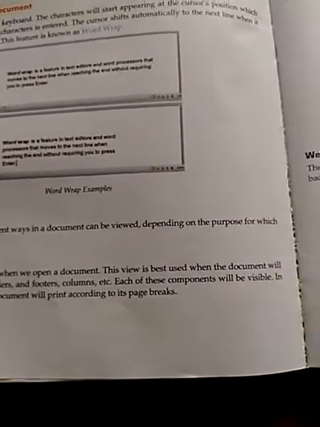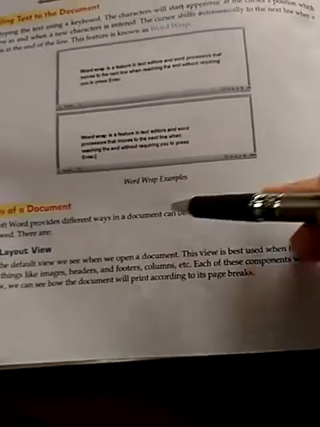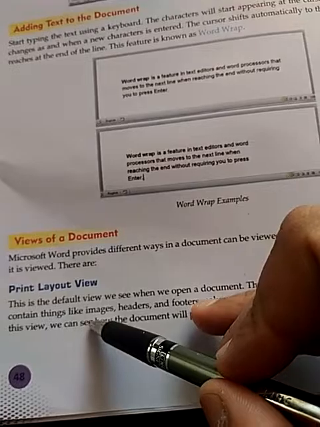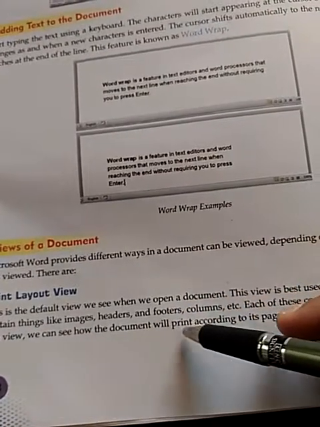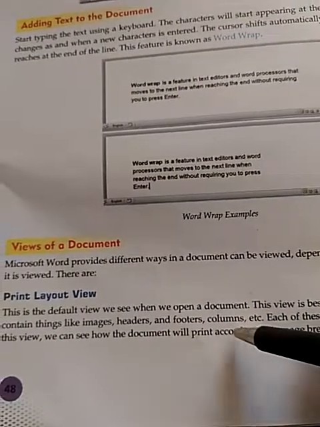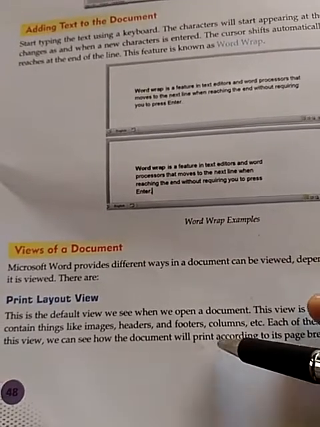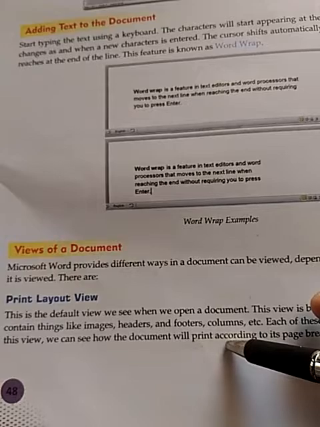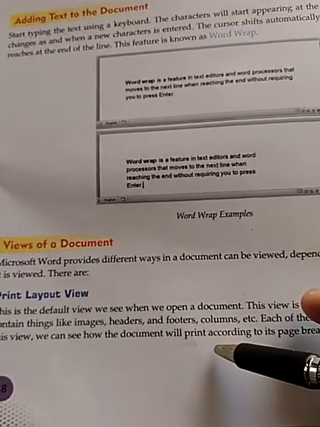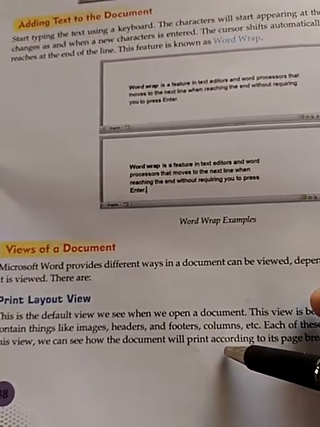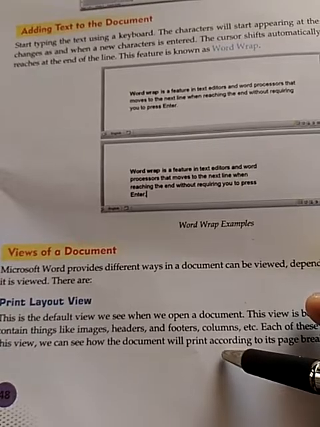This view is best used when the document contains things like images, header, footer, columns, etc., because it will exactly show the position of header, footer, images and so on in the document. Now you can have an idea of how it will look after printing it on paper.